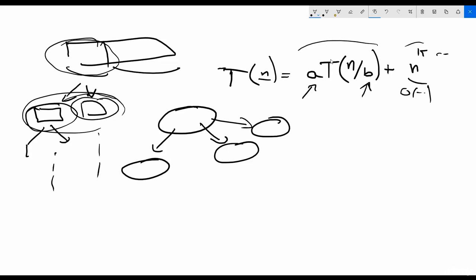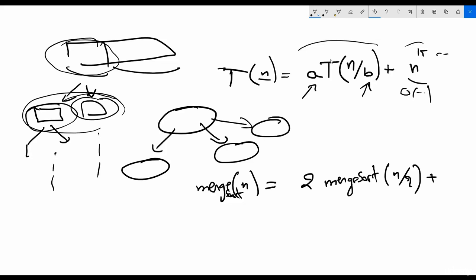Okay? So for the merge sort algorithm, the merge sort of n equals 2 times the merge sort of n divided by 2 plus n to the power of 1. It means that the merge sort algorithm, whenever it gets an array of size n, it creates two subarrays, every one of them of size n divided by 2.